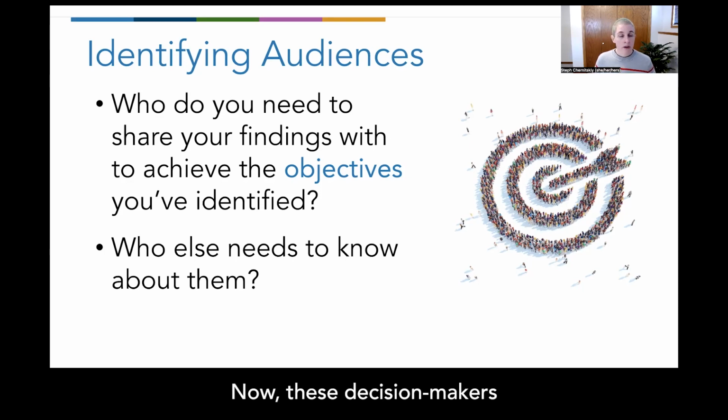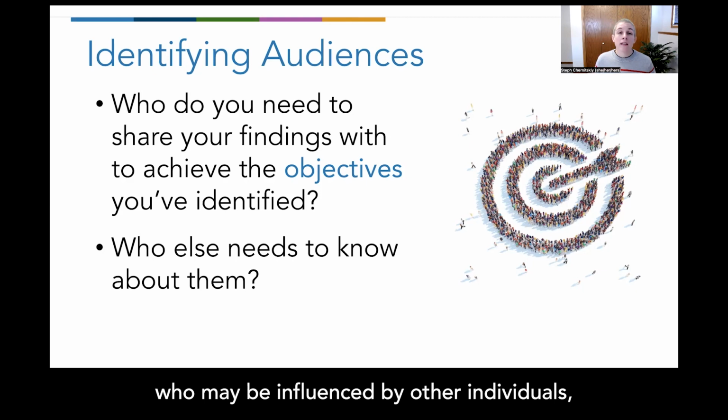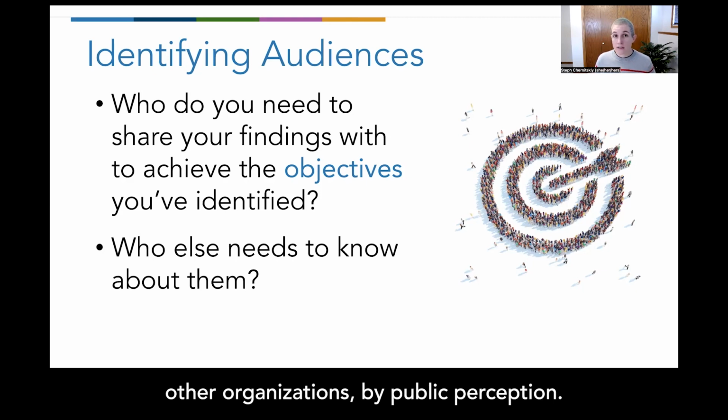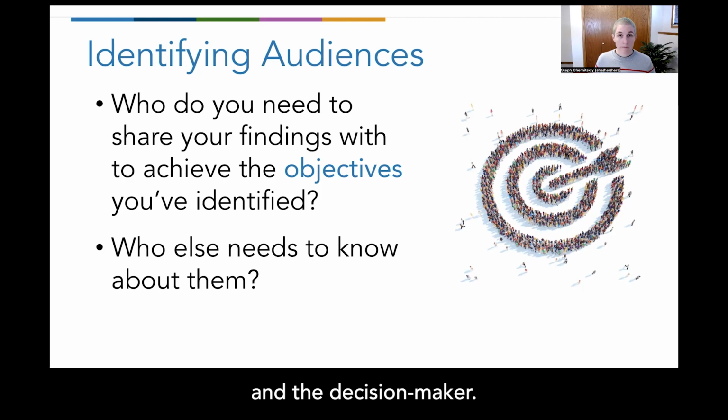Now, these decision makers do not make their decisions in a vacuum. These are individuals who may be influenced by other individuals, other organizations, by public perception. It really just depends on the objective and the decision maker.